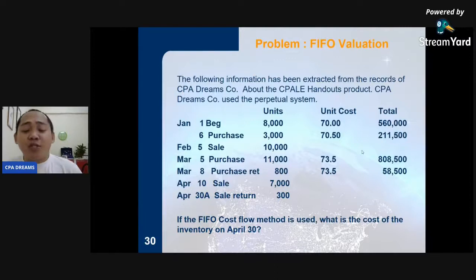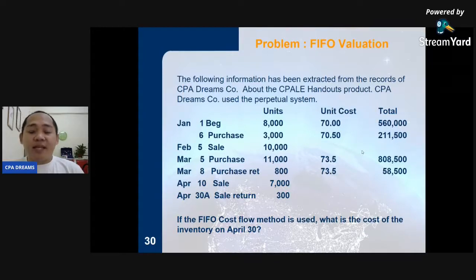Okay, so another one. If the FIFO cost flow method is used, what is the cost of inventory on April 30? Binigay yung following information. So FIFO ulit tayo. Merong CPALE Handouts product ang CPA Dreams and then use perpetual system. Beginning 8,000, at 70 unit cost, 560.